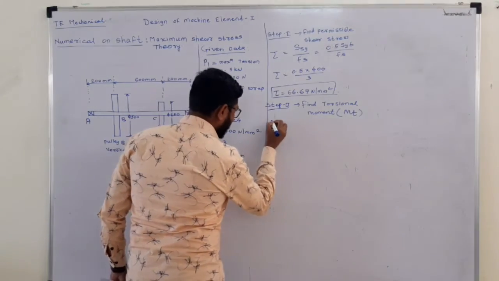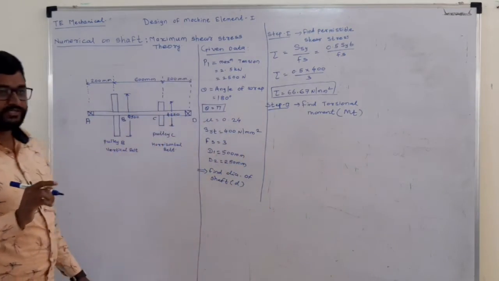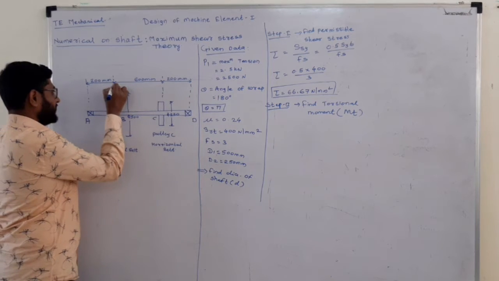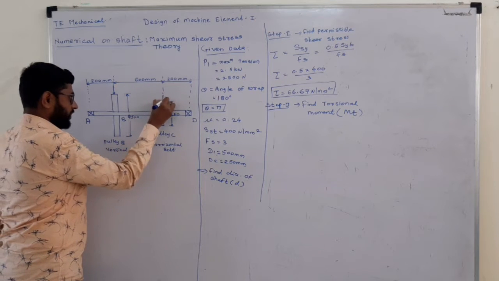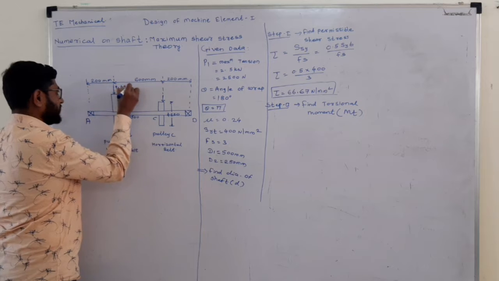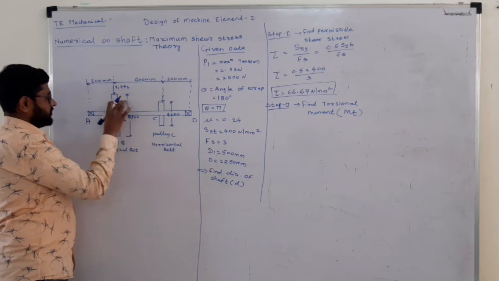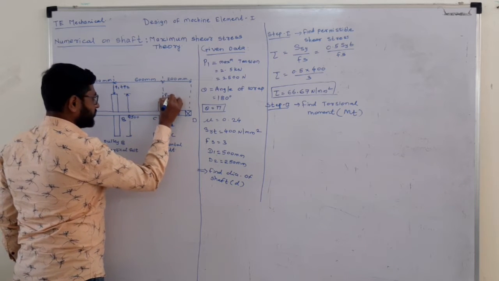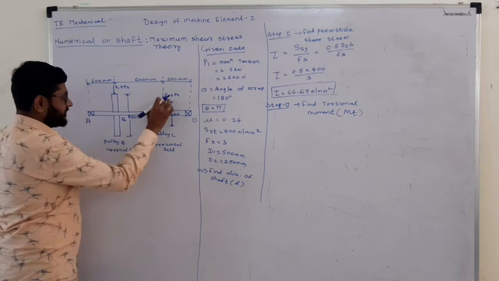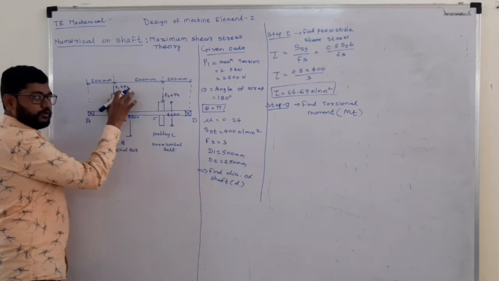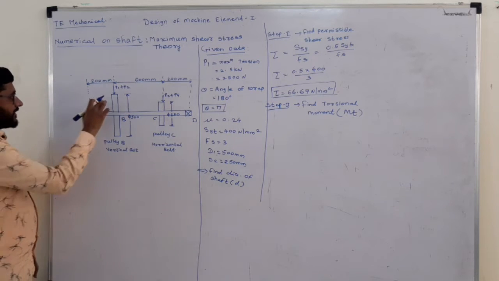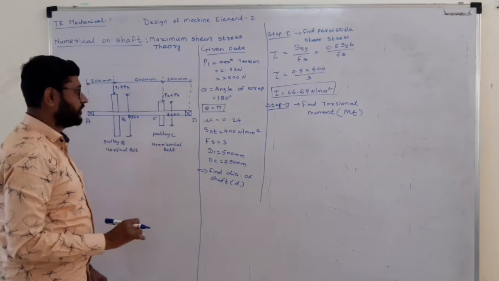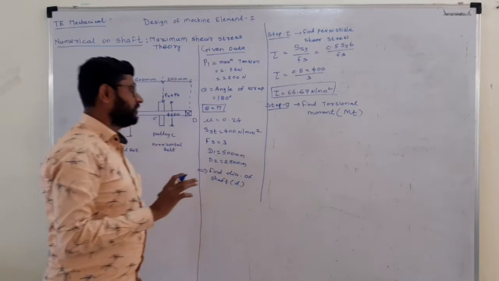Before that, we have to calculate the forces P1, P2, P3, P4 on pulley B and pulley C. Here forces P1 plus P2 act on pulley B, that is the total tension on pulley B, and on pulley C we consider P3 plus P4, because P1 and P2 are the tensions in the tight side and slack side of the belt. Similarly for pulley C. So our first aim is to find the forces.